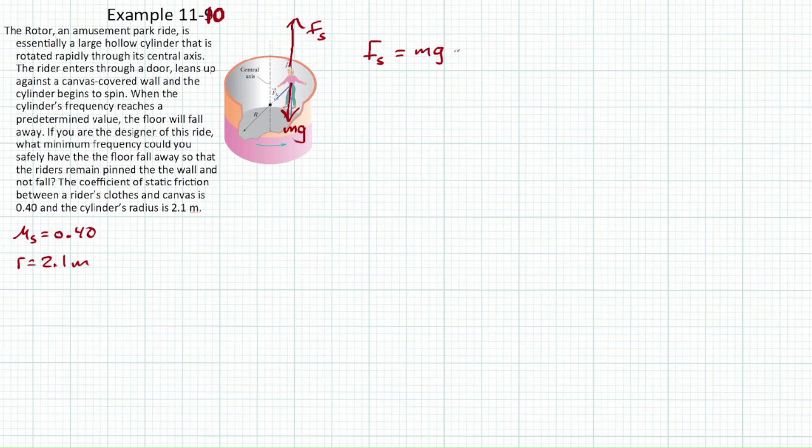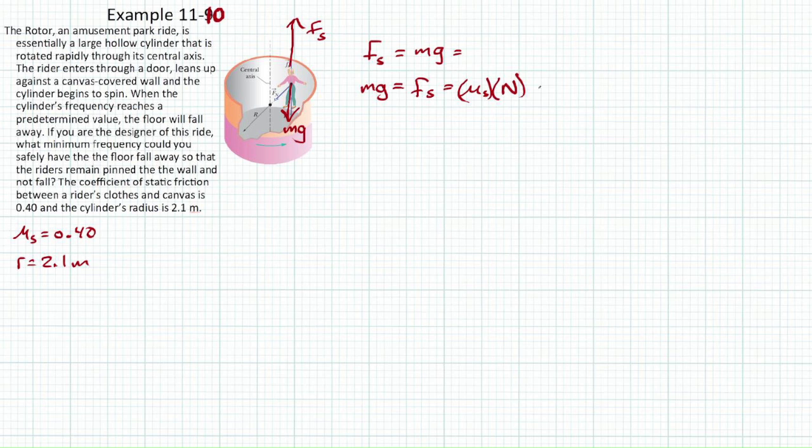Now let's go a little further here. In fact, I'm going to write this the other way. mg equals static friction force. And the static friction force can be calculated by taking the coefficient of static friction, which we know when we have a given there, times the normal force. Now, in most cases, we've been writing times mg because we're talking about an object on a tabletop, and the normal force is mass times gravity.